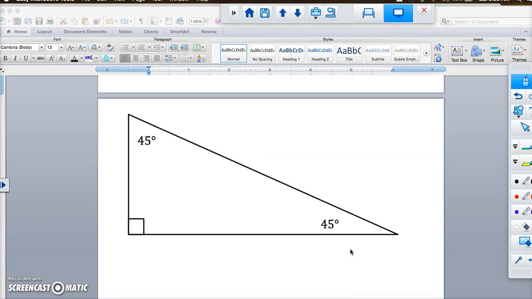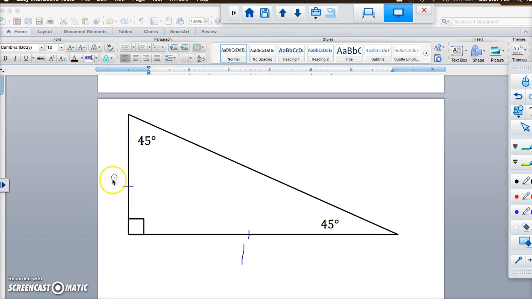Now let's look at the 45, 45, 90 triangle. It's easier than the 30, 60, 90. Remember, this is isosceles, so these two legs are equal. Doesn't matter what they are, they're equal.